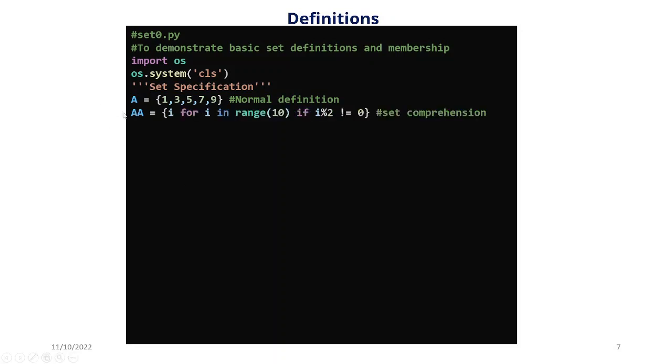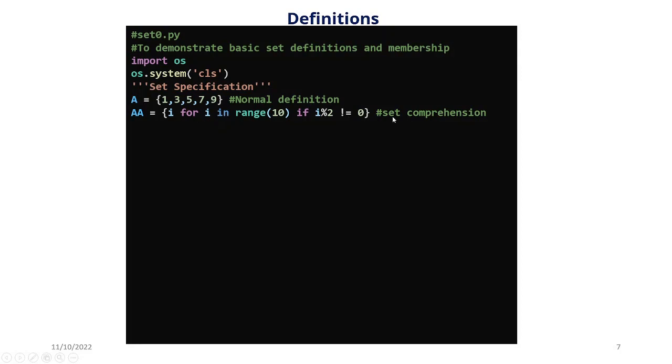We can also say AA equal to {i for i in range(10) if i % 2 != 0}. Remember, we defined this set before using two methods. This is the second method.